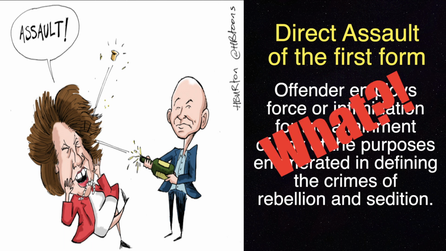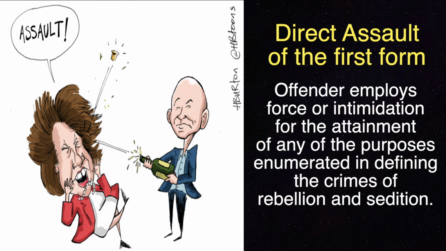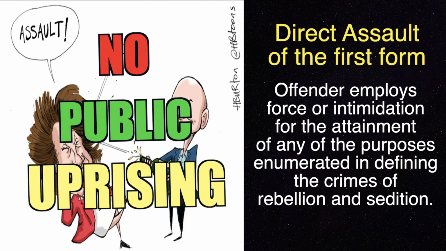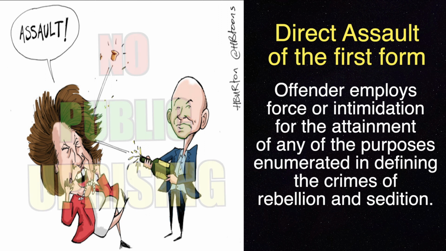Did you understand that? Confusing, right? What it means in simple language is that when any of the objectives of rebellion or sedition is pursued, but there is no public uprising in the legal sense, then the crime is direct assault of the first form.